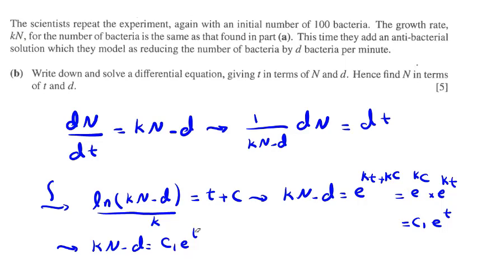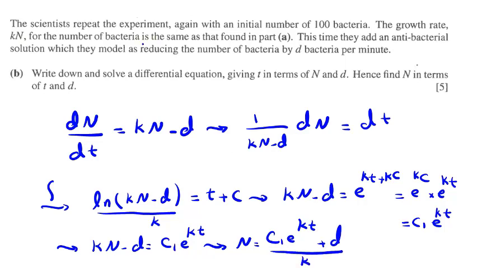Now we can conclude what? Kn minus d equals c1 e to the power of kt. Okay, so we can conclude n equals what? C1 e to the kt plus d, all over k.